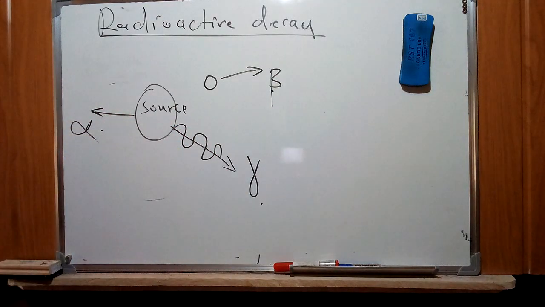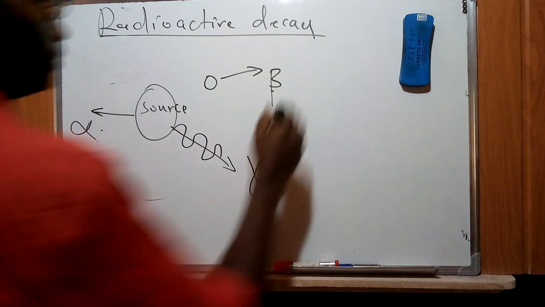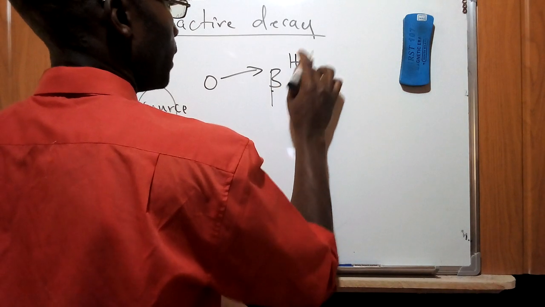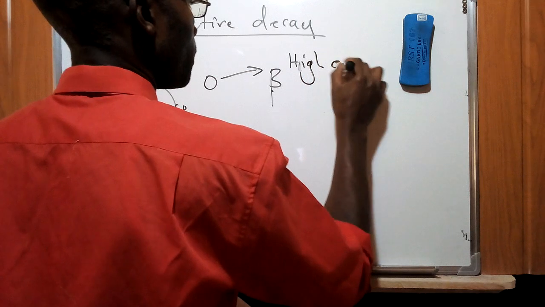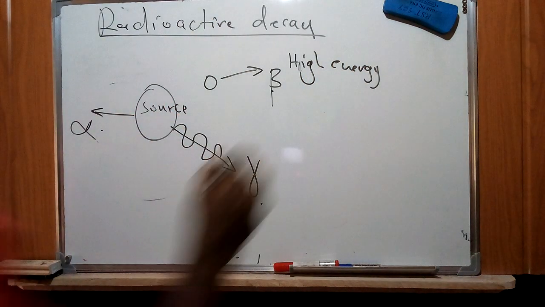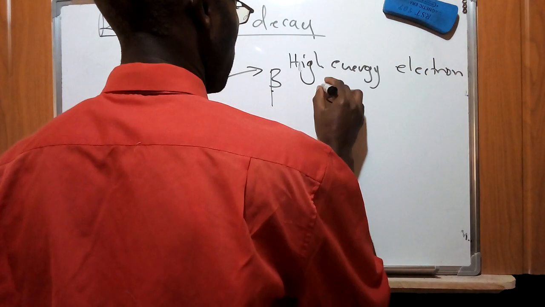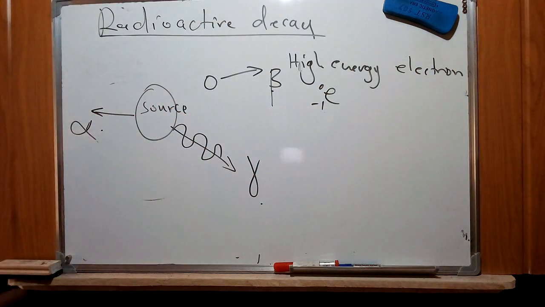So suppose we have a radioactive source at that point, and 3 different radiations I've mentioned. So the beta particle is a high energy electron. Since we have mentioned their penetrating power, of course, it's a high energy electron. Now that we said that the beta particle is an electron, it is negatively charged.